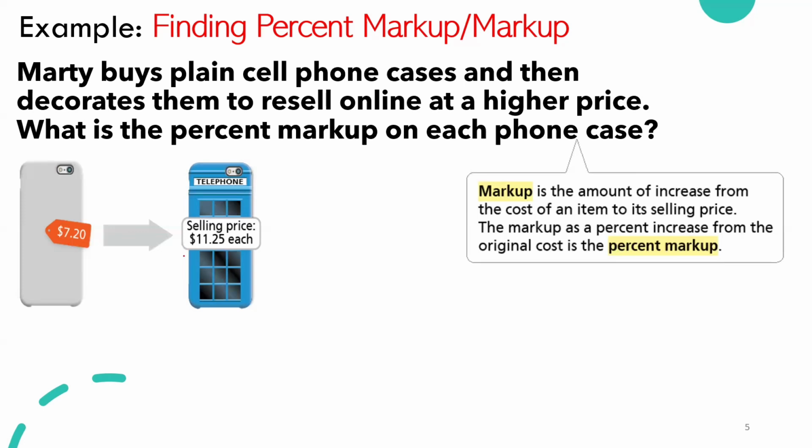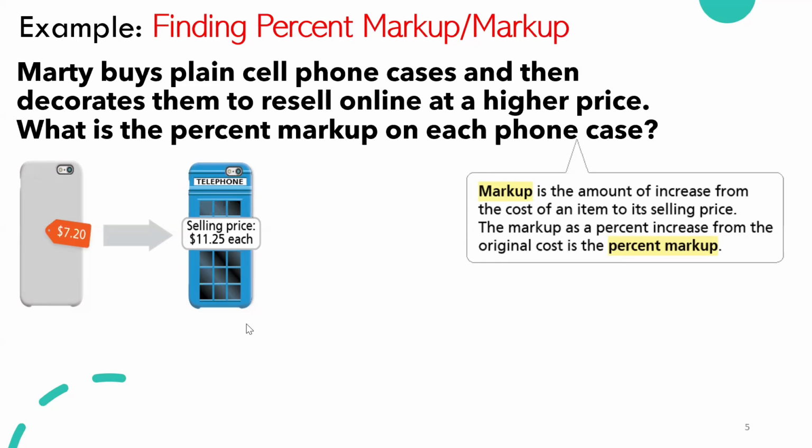So using this example, it says Marty buys plain cell phone cases and then decorates them to resell online at a higher price. What is the percent markup on each phone case? Before we can find the percent markup, first we need to find the markup, because we need to know by how much the original cost of the cell phone case increased.